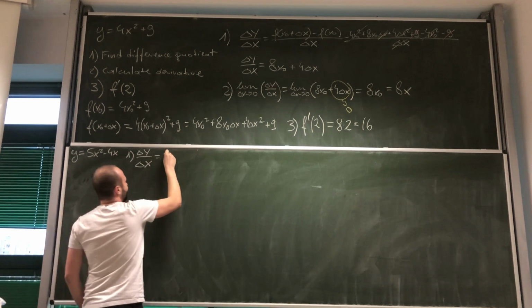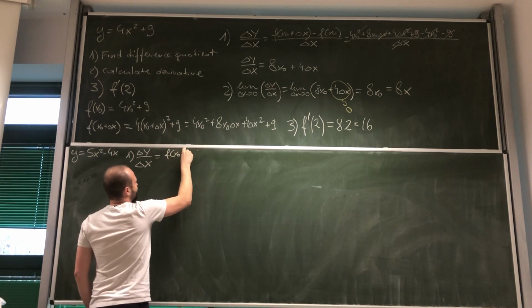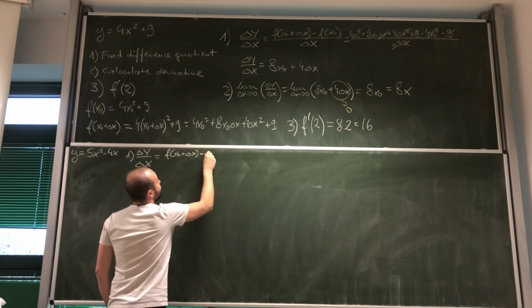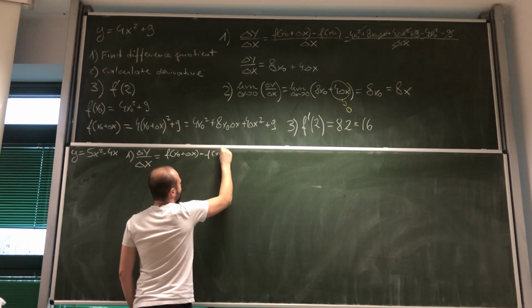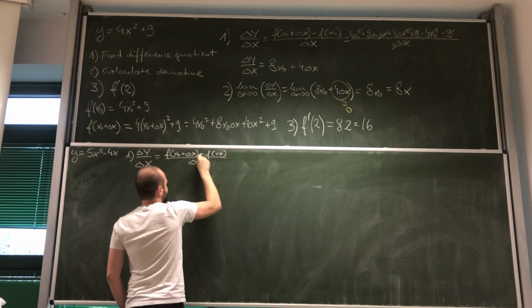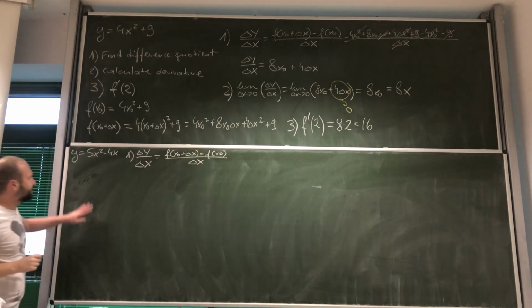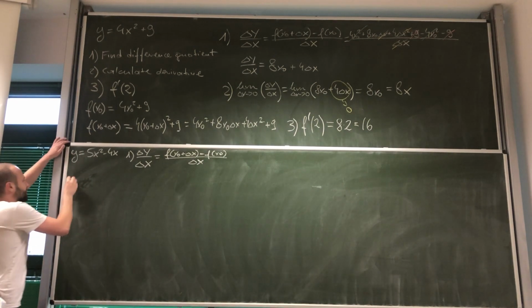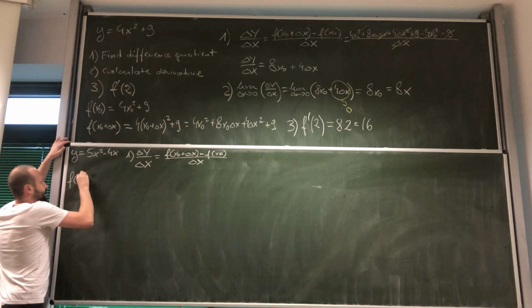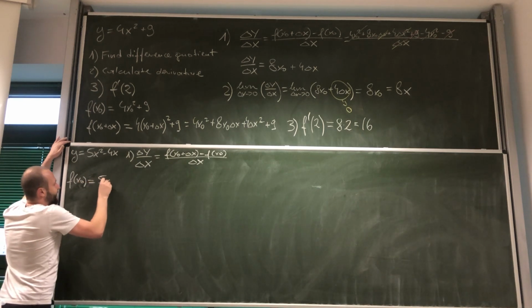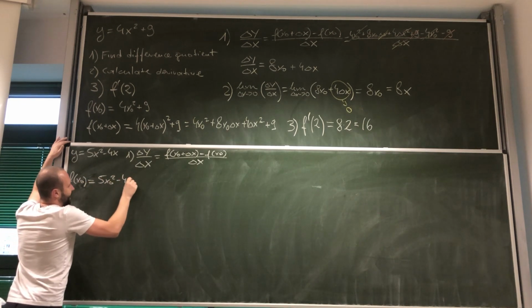So again, we need to find f of x0 plus delta x minus f of x0 all divided by delta x. Okay, so as before, let's start by calculating f of x0, which is simply 5x0 squared minus 4x0.